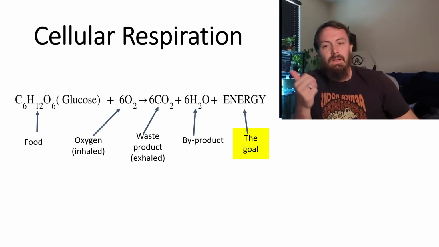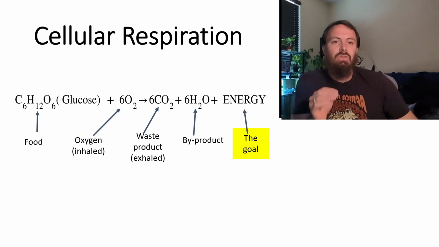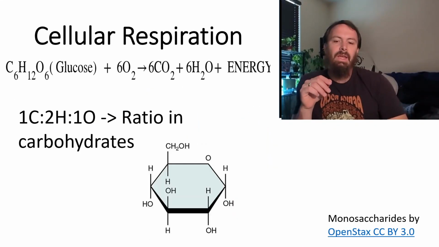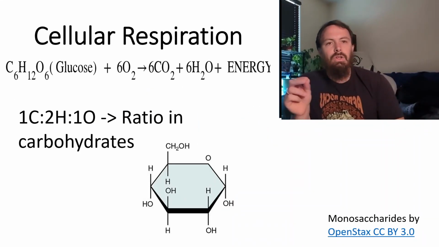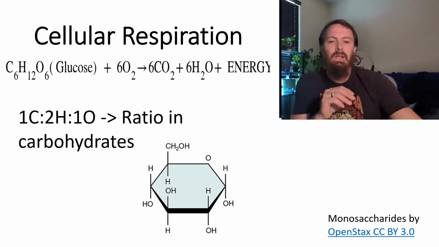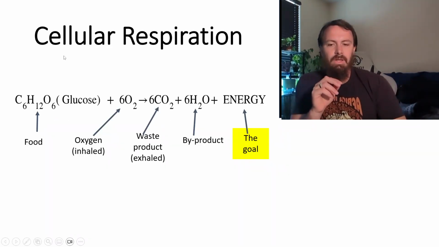The food in the cellular respiration formula here is C6H12O6. That's glucose. Carbohydrates have a ratio of 1:2:1, 1 carbon, 2 hydrogens, 1 oxygen. If you see in glucose here, it has C6H12O6, 1:2:1. That tells you that it's a carbohydrate.